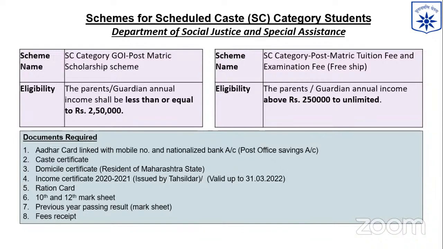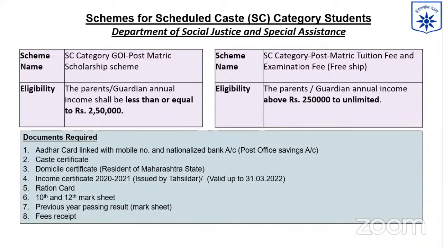Here you can see we have two schemes, that is scholarship scheme and freeship scheme. The scholarship scheme is named SC category GOI post-matric scholarship scheme. What is the criteria to apply for the scholarship scheme in case of SC category? If your parents' annual income is less than or equal to rupees 2,50,000, an SC category student is eligible to apply for the scholarship scheme.